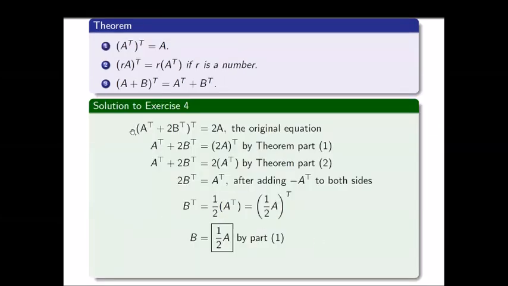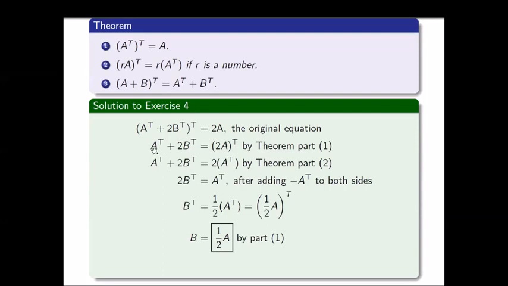So we're going to start with the equation that is given to us. This is (A transpose plus 2B transpose) whole transpose equal to 2A. So we can first take transpose. So the right hand side becomes 2A transpose and the left hand side becomes A transpose plus 2B transpose to the transpose, and therefore it gets cancelled.